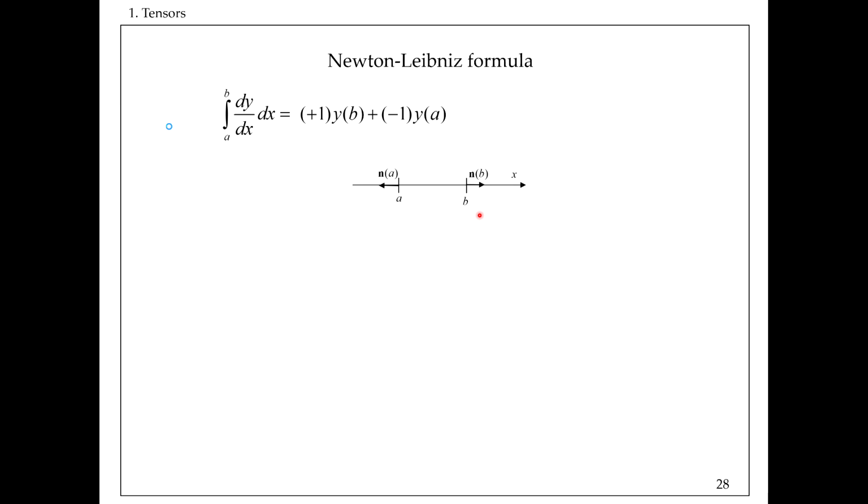Now, this normal vector also can be a unit vector, so that's what we will require, and that connects us to these values of +1 and -1 in this one-dimensional case.